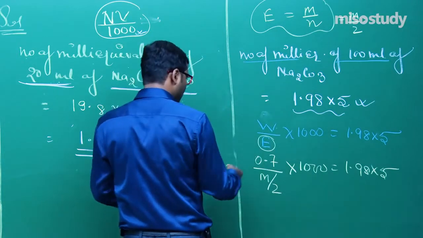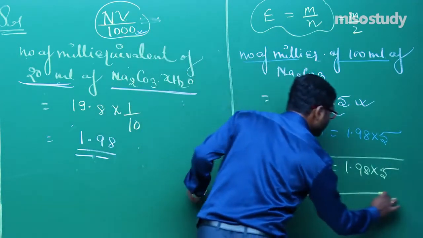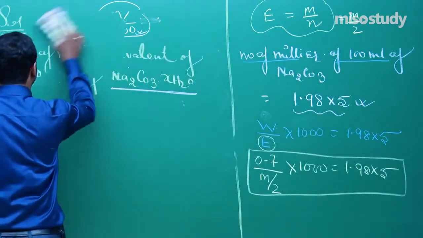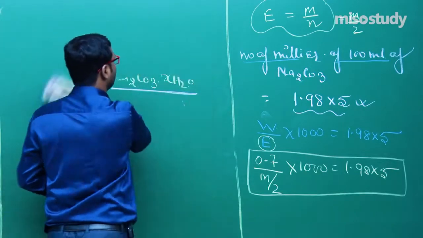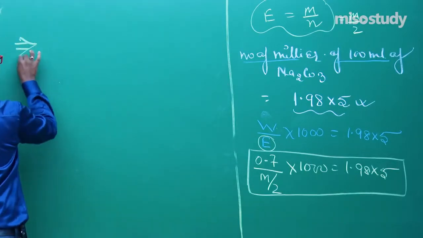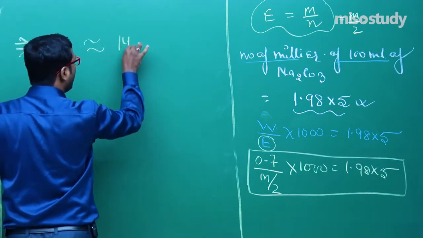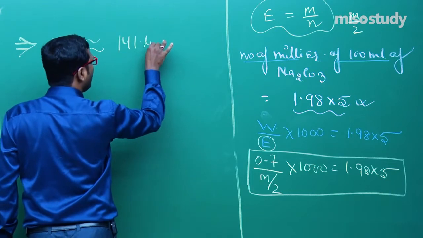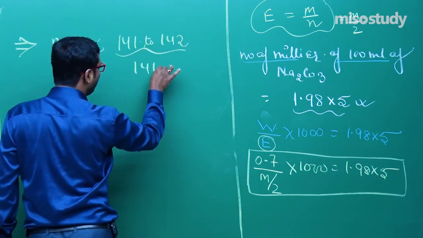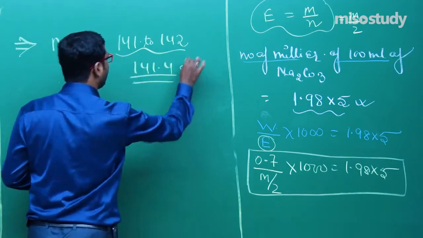This is the expression here. Now listen carefully. So the value of M, after calculation, is almost 141 to 142, around 141.4 gram.